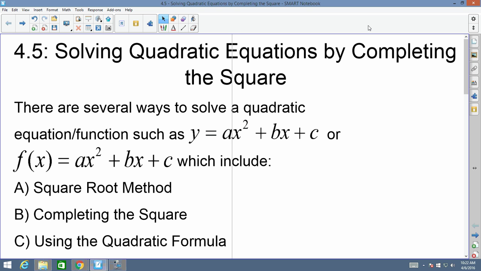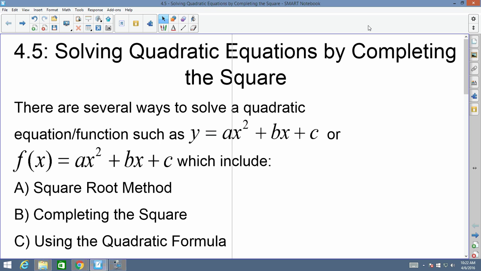You find and graph the y-intercept, which is 0, c, the y value on the y-axis when x is 0. Then you use a test point if needed, if the vertex and the y-intercept are the same. Or if it's factorable, you factor the function, find your zeros, and plot those as well. And then you graph, and you're done.